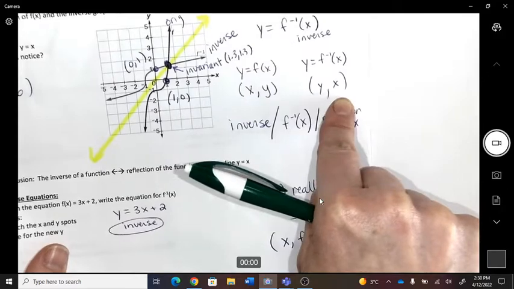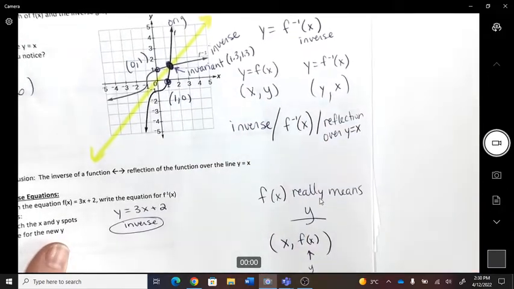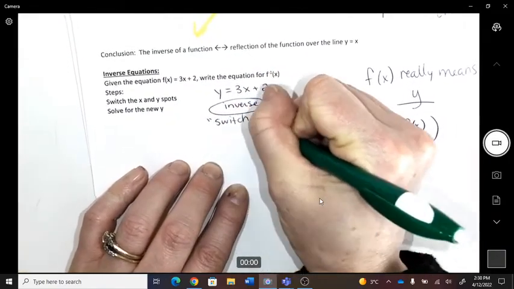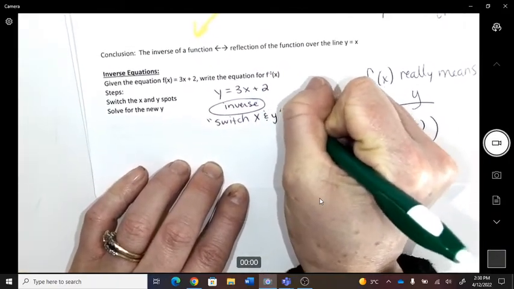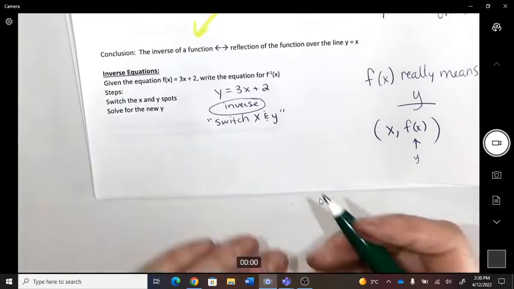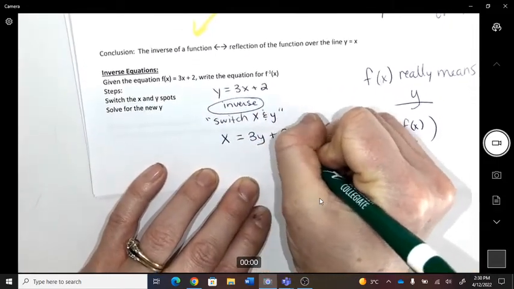Flipped the x and the y. Let's say switched. Can we use that word? Switch, which means switch x and y. That's what inverse means in words, right? We switched the x and the y around. So what will yours look like? x equals 3y plus 2.